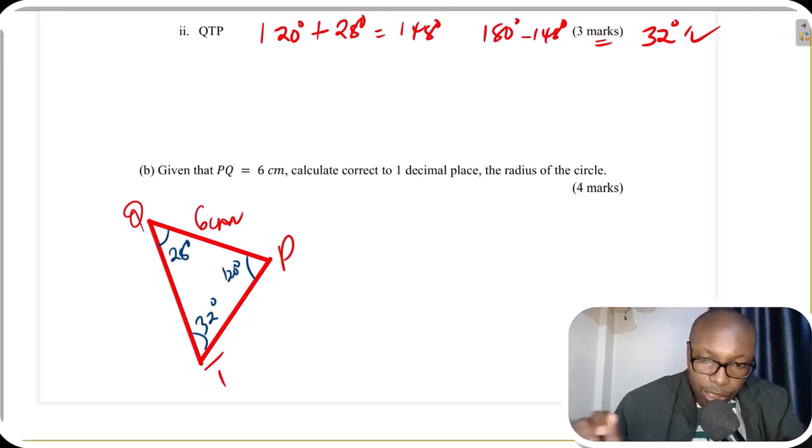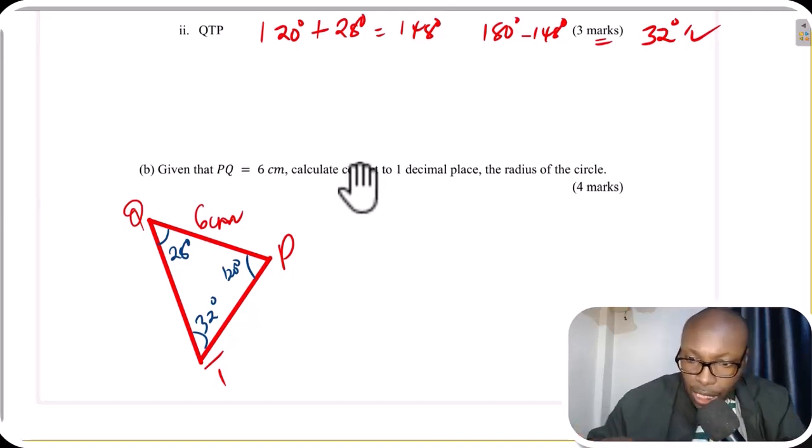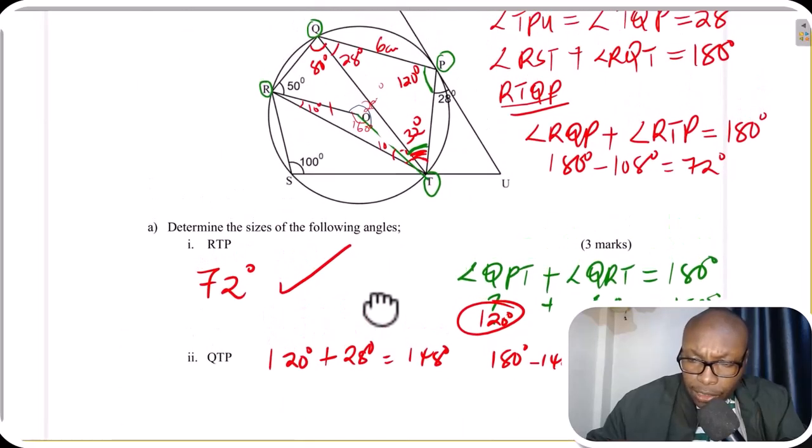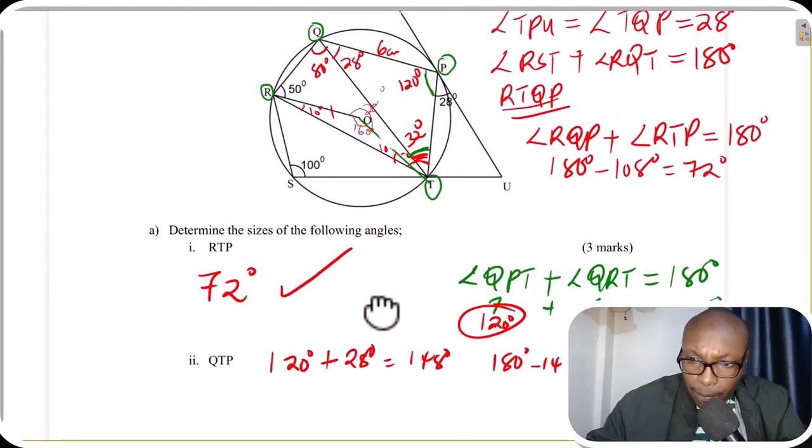There is a concept that we need to understand before we solve that question. You can see that this triangle is circumscribed. There's a circle that is touching the 3 vertices of that triangle.